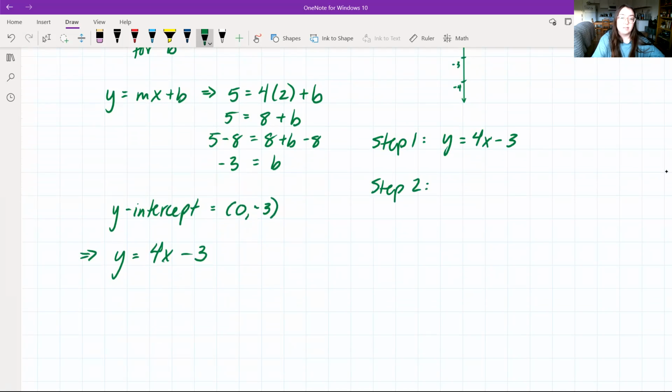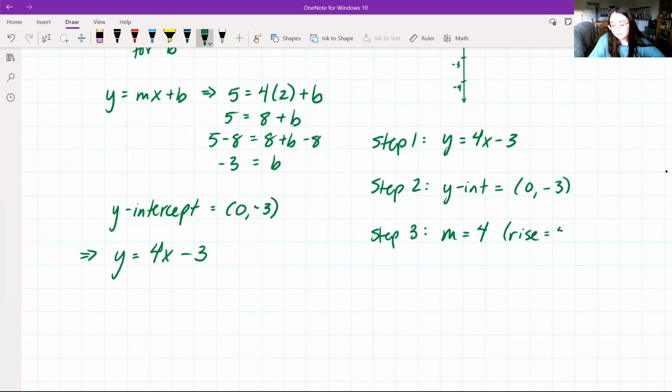Step 2, we've already identified our y-intercept. We know it is (0, -3). Step 3, we identify our slope, which was given to us. It is 4, which means that our rise is 4, and our run is just going to be 1, since it is technically 4 divided by 1.